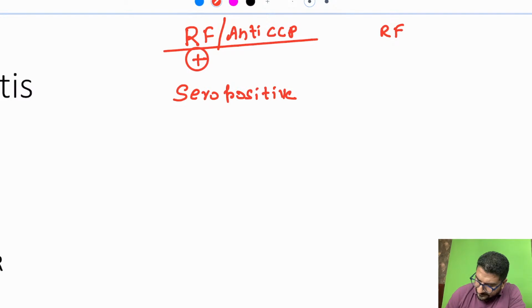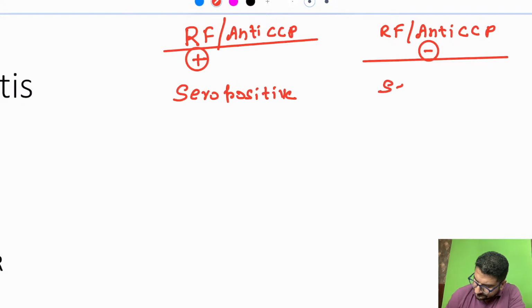If rheumatoid factor or anti-CCP is negative, then what do we call this? We call this seronegative arthritis. So we have seropositive and seronegative.